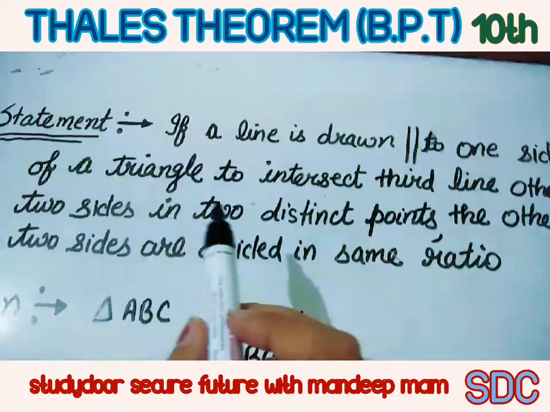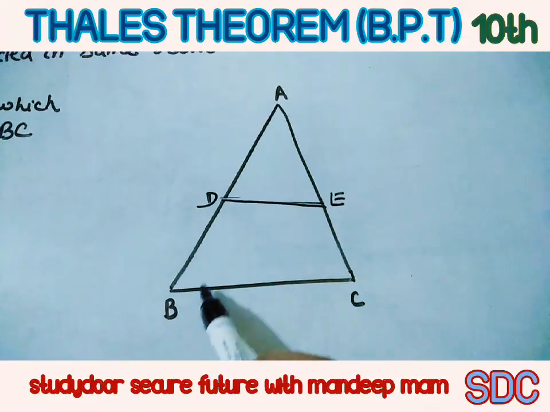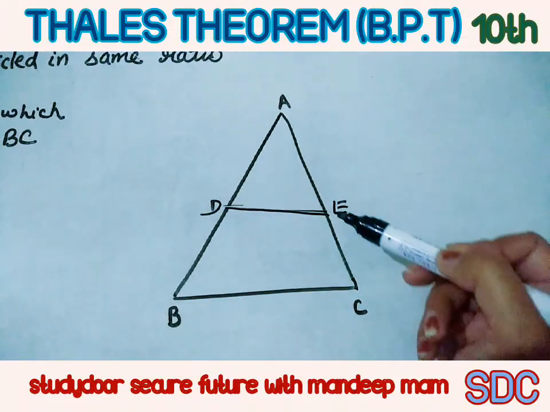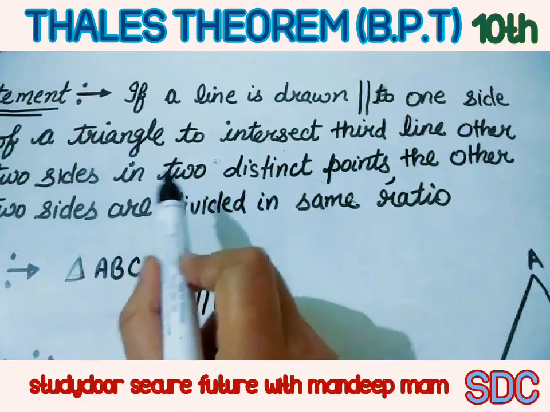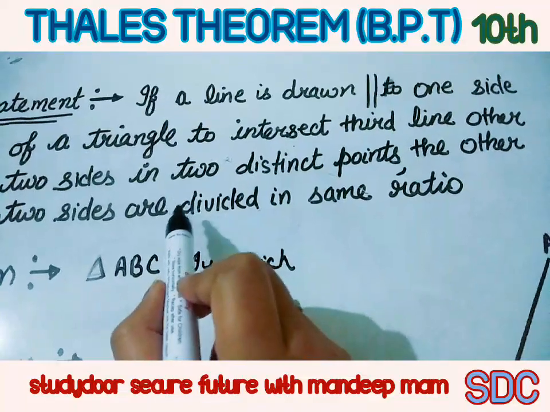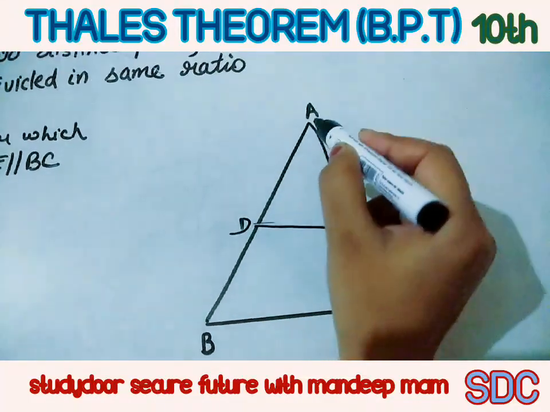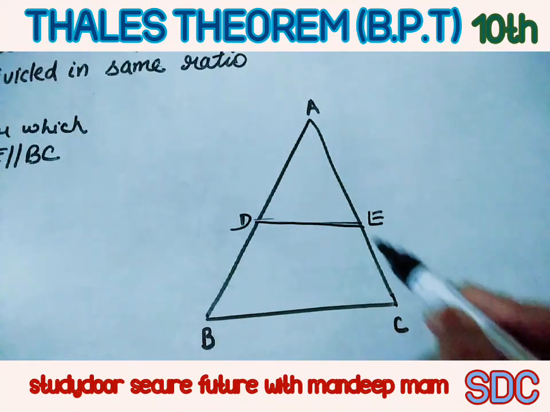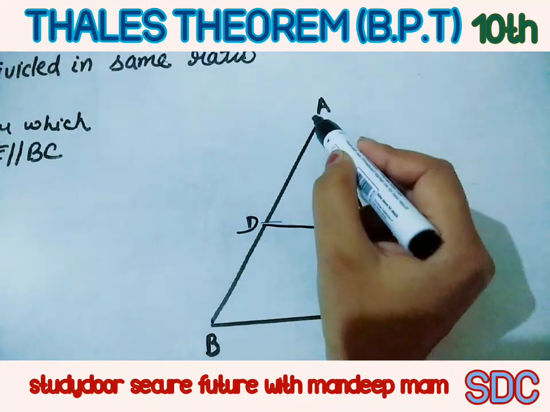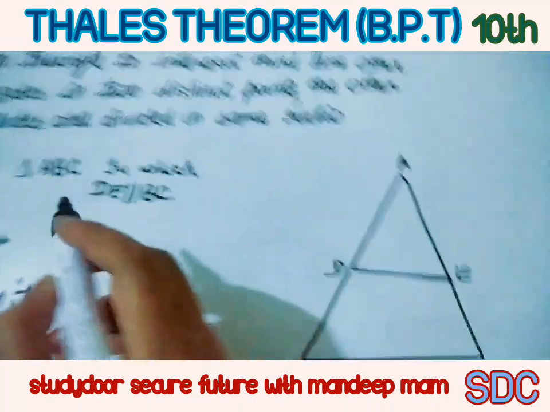Now we have to prove that DE cuts the lines AB at D and AC at E. So we have to prove that the other two sides are divided in the same ratio. In the same ratio means other two sides, which are AB and AC. AB cuts at D in ratio AD by DB.